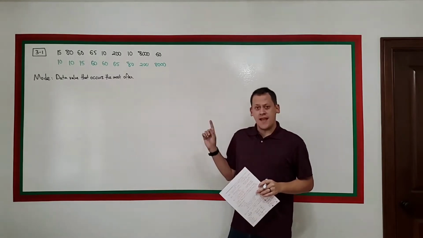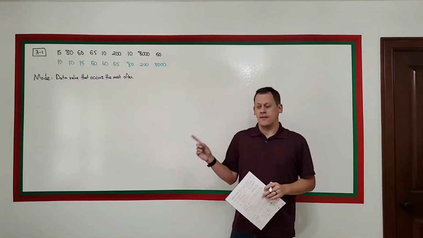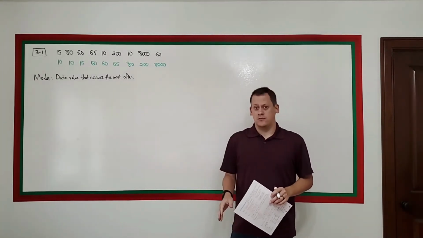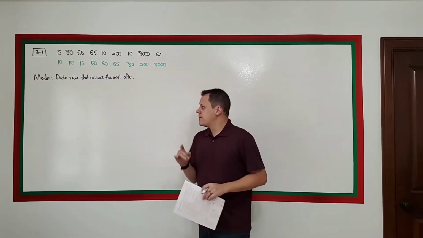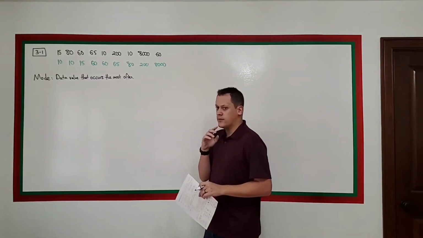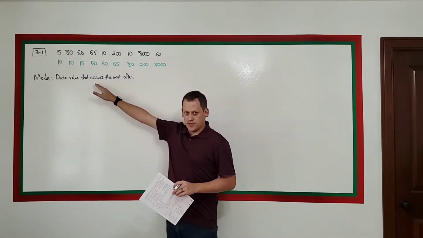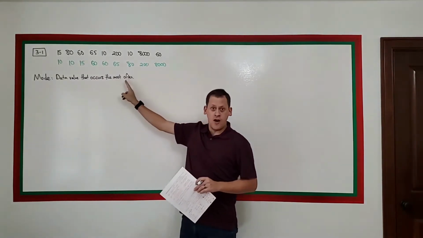The numbers 10 and 60 both appear twice in this data set. Does that make them both the mode? Are there 2 modes? Well, if you read this definition carefully, there can't be 2 modes. It is the data value that occurs the most often.